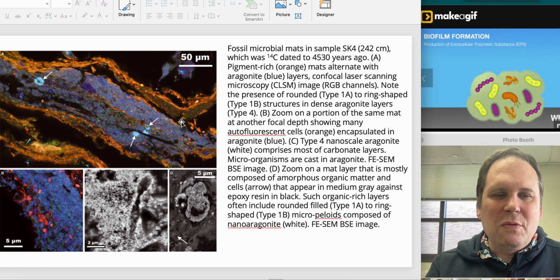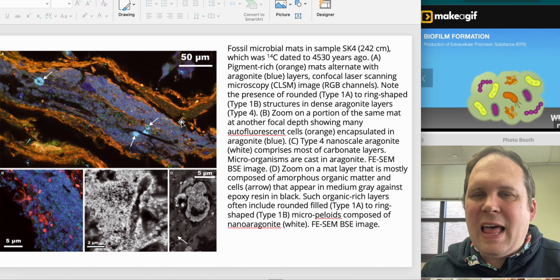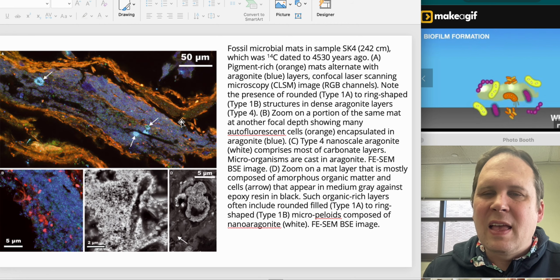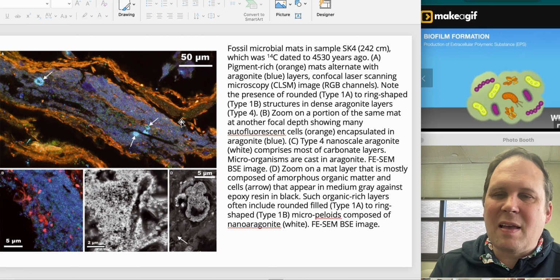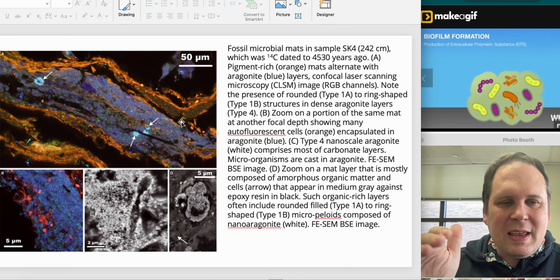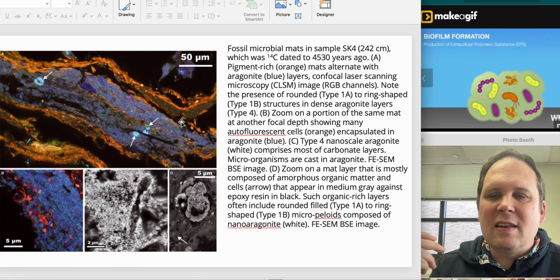But yeah, you have an annual biofilm that keeps getting sort of flattened, presumably in the spring melt. And you get these little organic layers, like little stripes in there. And in this paper, they actually go through all the different stages between there. But here you can see the process of taphonomy as it happens over just a few thousand years in a lake.